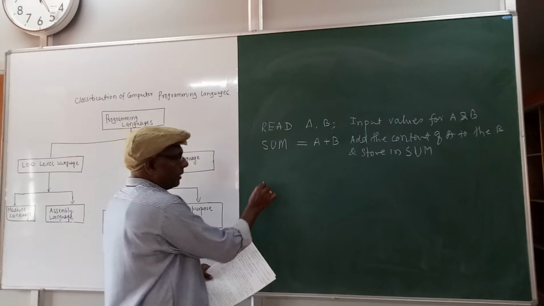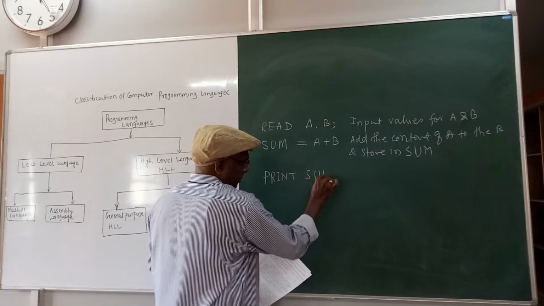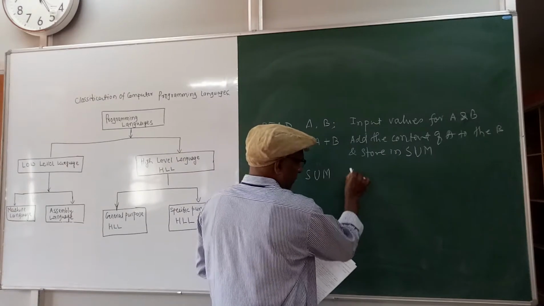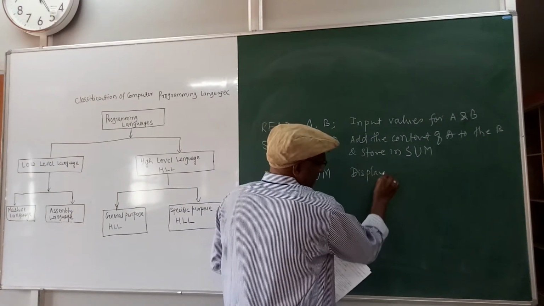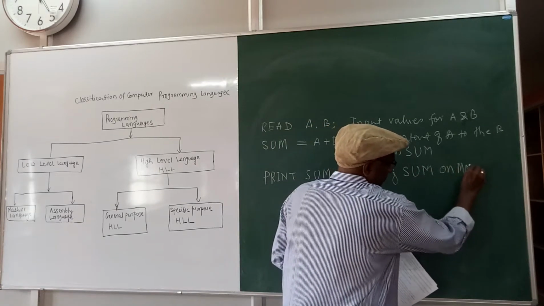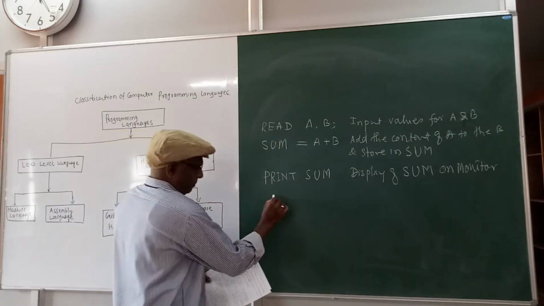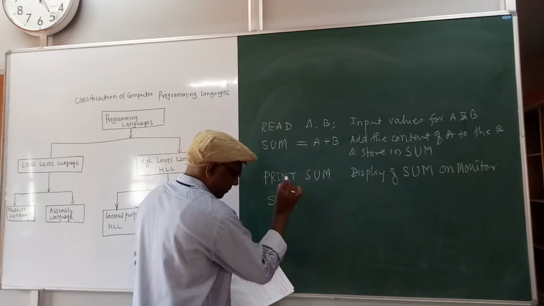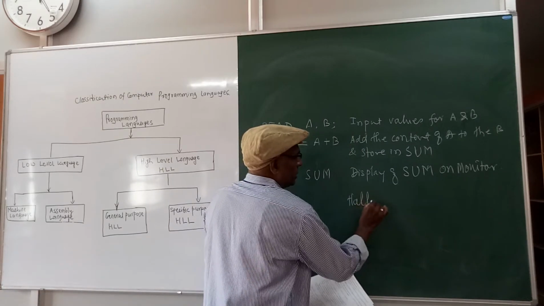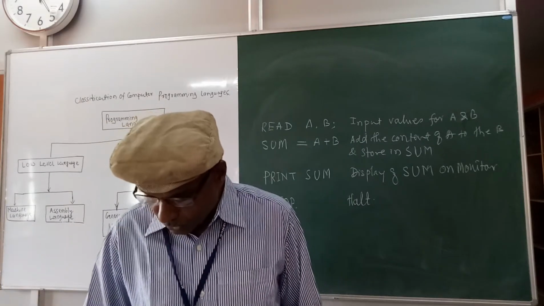Now I will say print sum, which means display the sum on the monitor. Then stop, that is halt, which means don't proceed further. So this is a simple program.